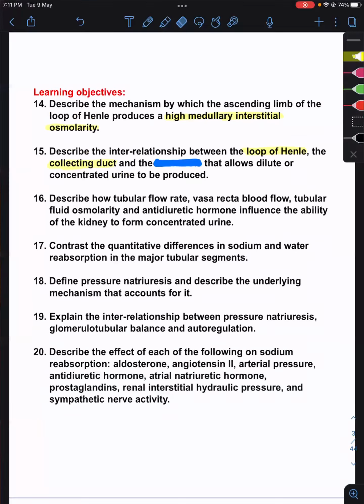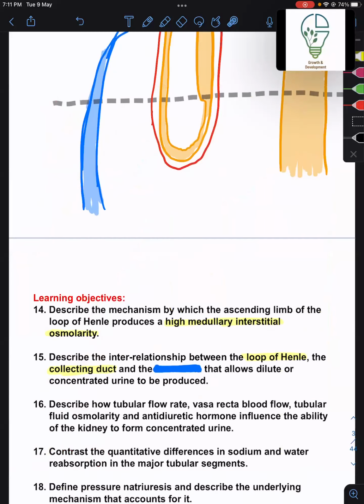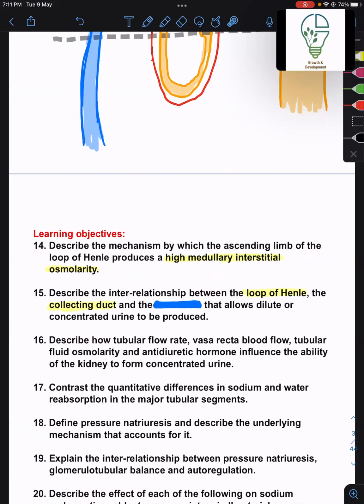So reabsorption, by definition, means that it's going back into the bloodstream. Okay, so if I say reabsorption, anything that's part of the tubule is automatically crossed out. Reabsorption means part of the bloodstream. And so the answer I was looking for was the vasa recta.